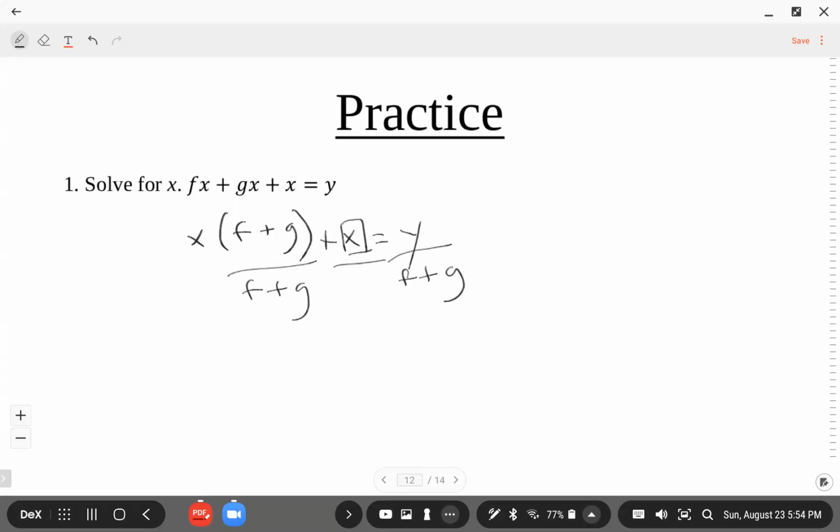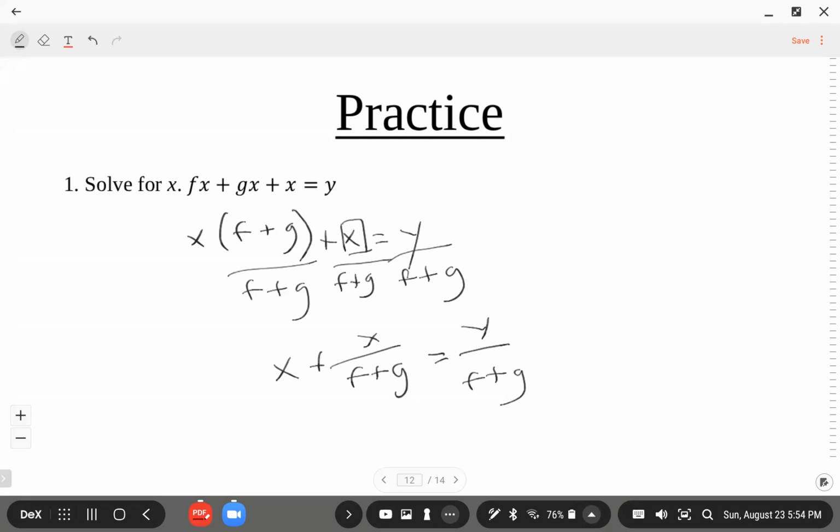We have to divide this by f and g too. Okay? So then what you get is, okay, next stage, x plus x divided by f plus g equals y plus f, y divided by f plus g.